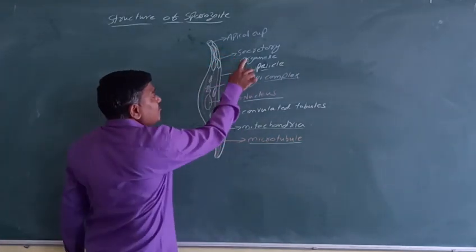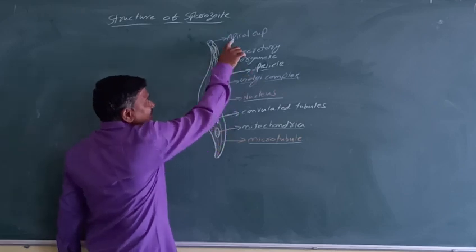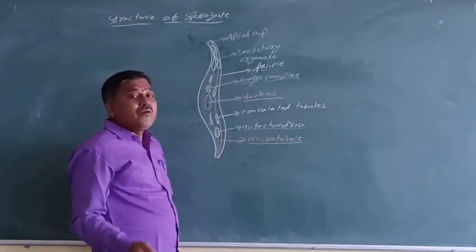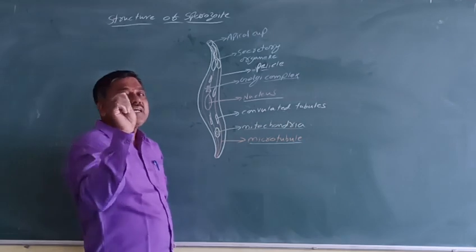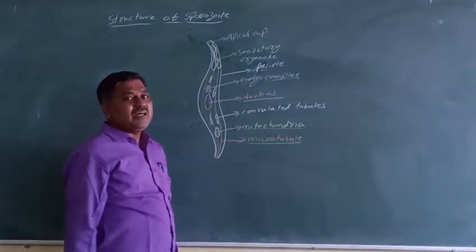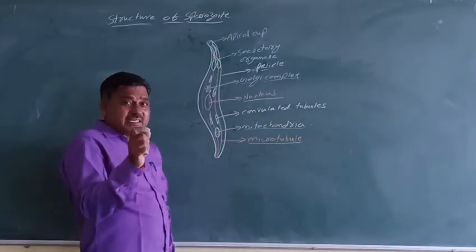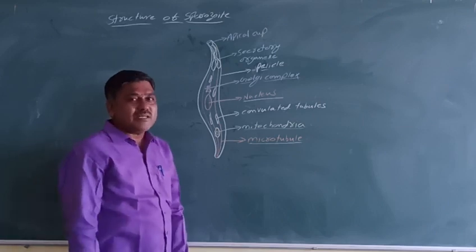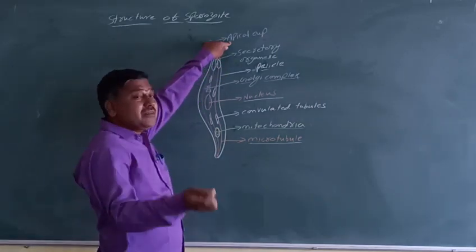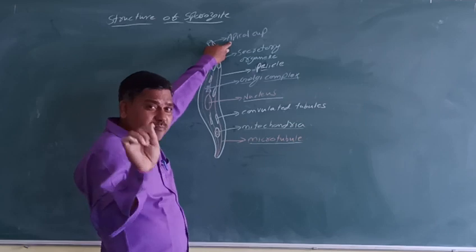Now, what is the importance of secretory organelles and the apical cup? When this sporozoite enters the liver, it has to enter the hepatic cell. For that purpose, the apical cup makes attachment to the hepatic cells.